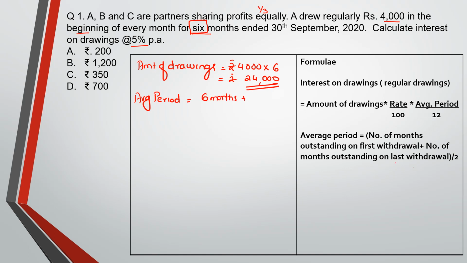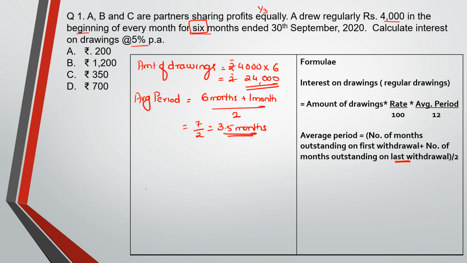And then the number of months outstanding for the last withdrawal. The last withdrawal will be made in the beginning of the 6th month, so it is outstanding for that one particular month. So 6 plus 1 divided by 2, that is 7 by 2 or 3.5 months is the average.